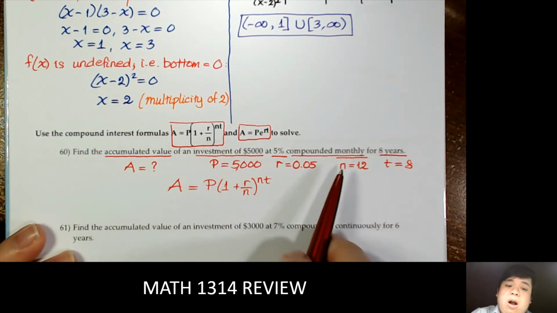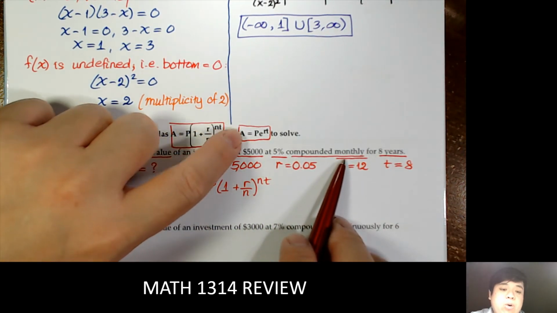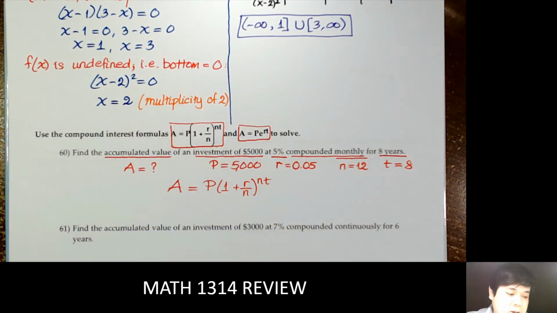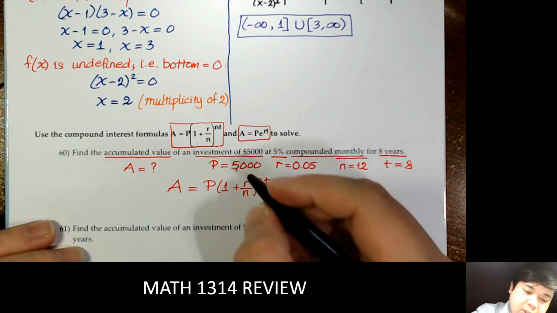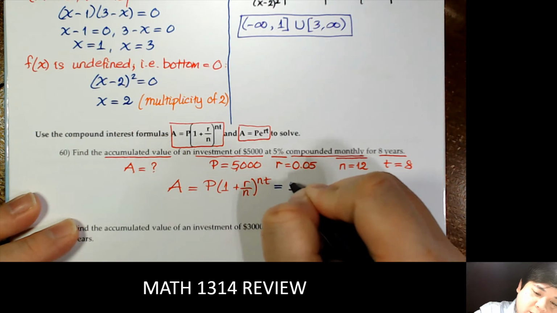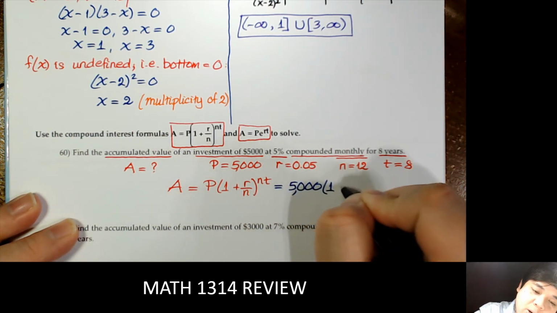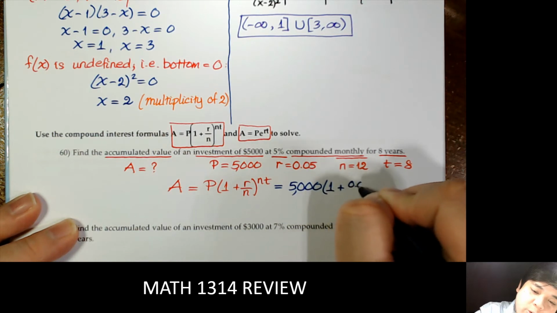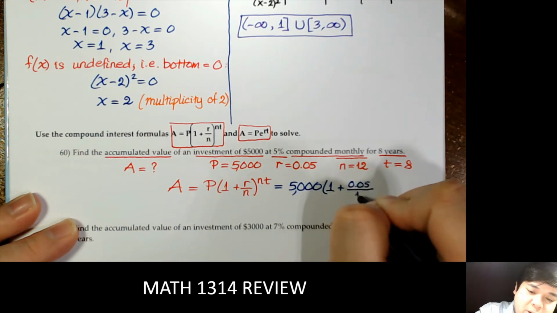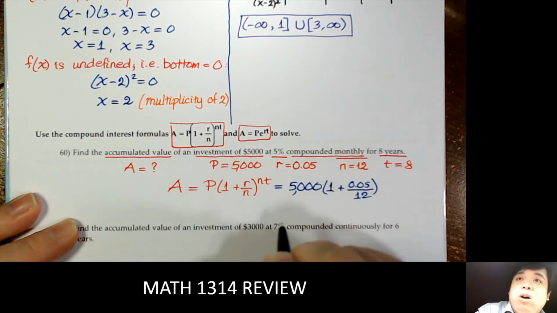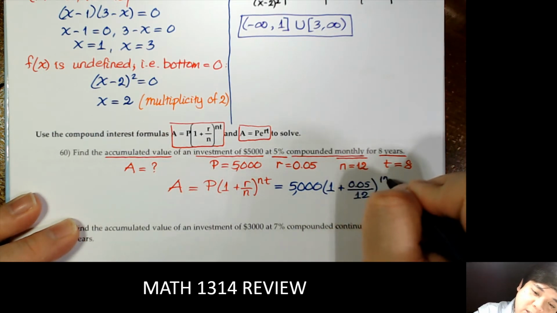This one is compounded monthly, so we're not going to use the continuously compound interest. So we have 5,000 times 1 plus 0.05 divided by 12, to the power of 12 times 8.